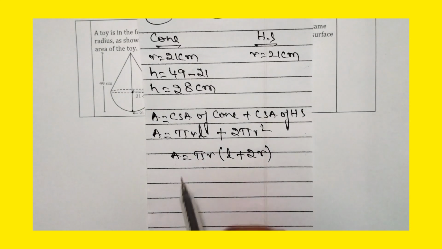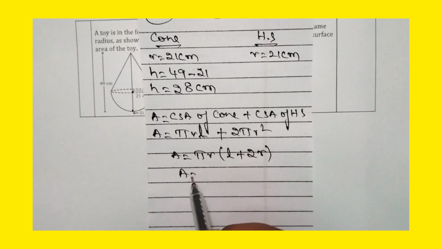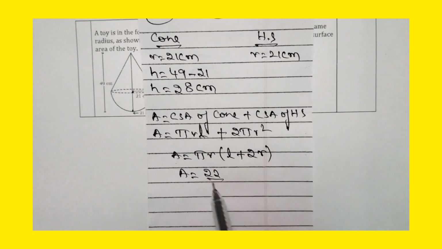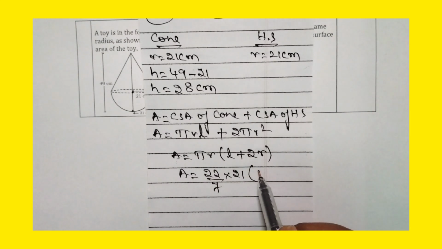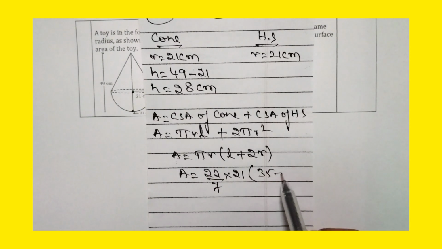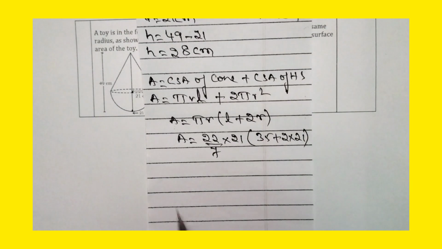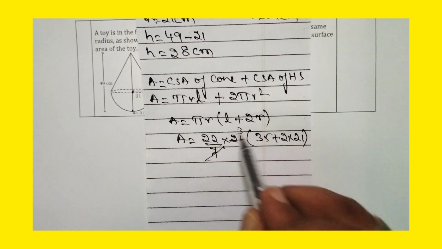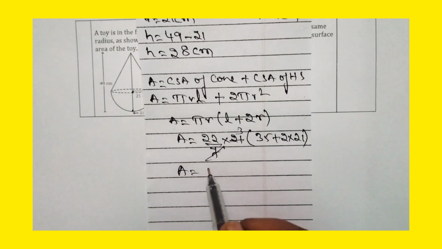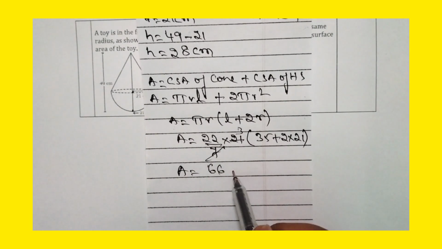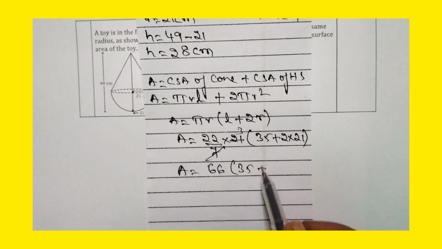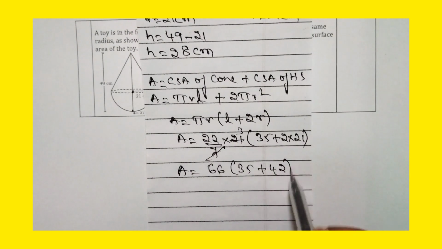2r is remaining. So now area is equal to 22/7 into radius 21 into slant height, which came to 35, plus 2 into radius 21. So 7 ones are 7, 7 threes are 21. So area is equal to 22 into 3 is 66, into 35 plus 2 ones are 2, 2 twos are 4.